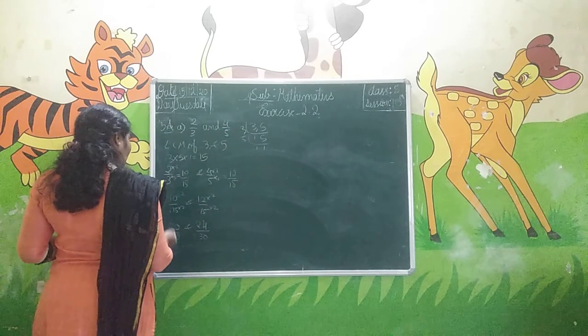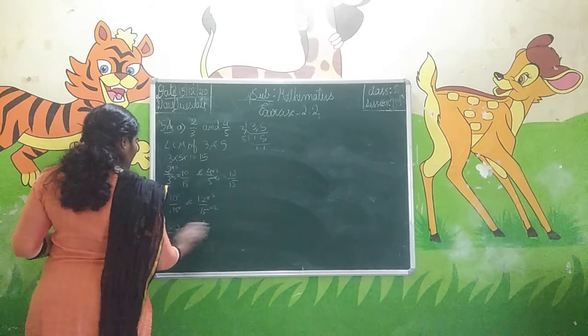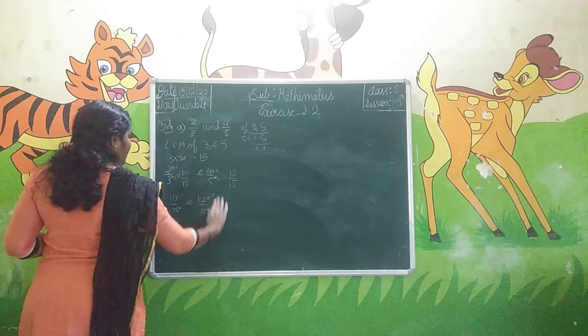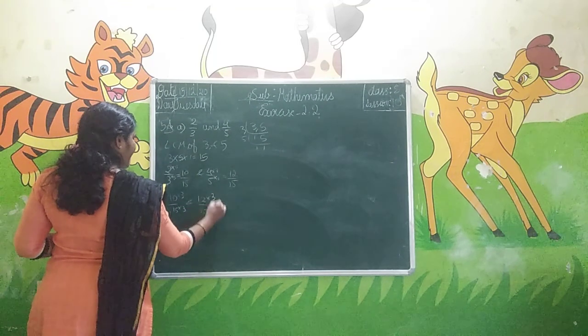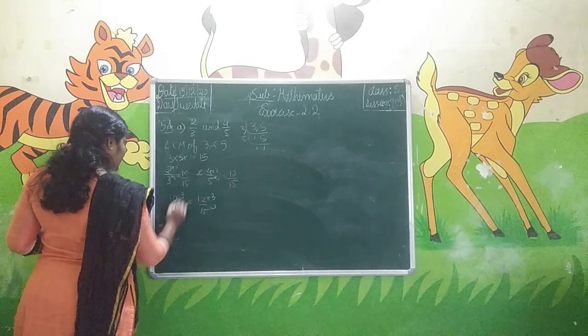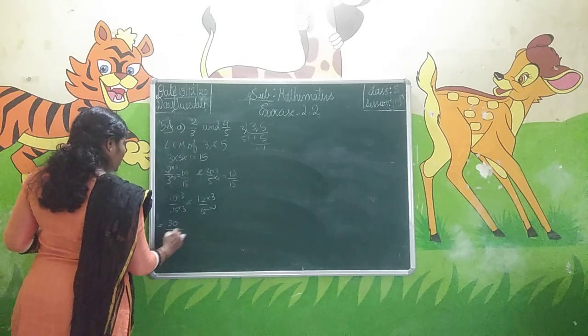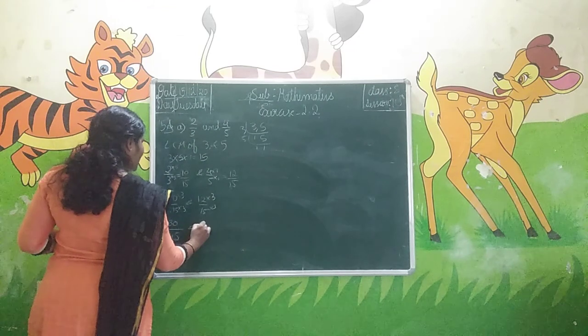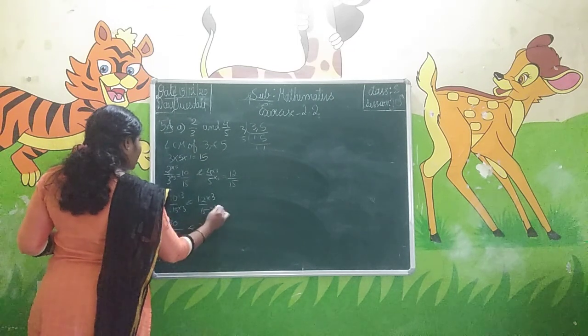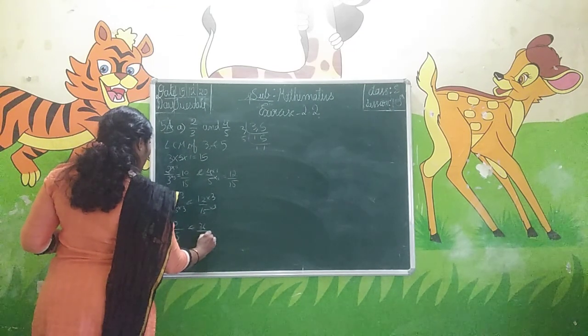So again we should multiply with 3, better we have to take the 3. 10 3s are 30, 15 3s are 45, and 12 3s are 36, 15 3s are 45.